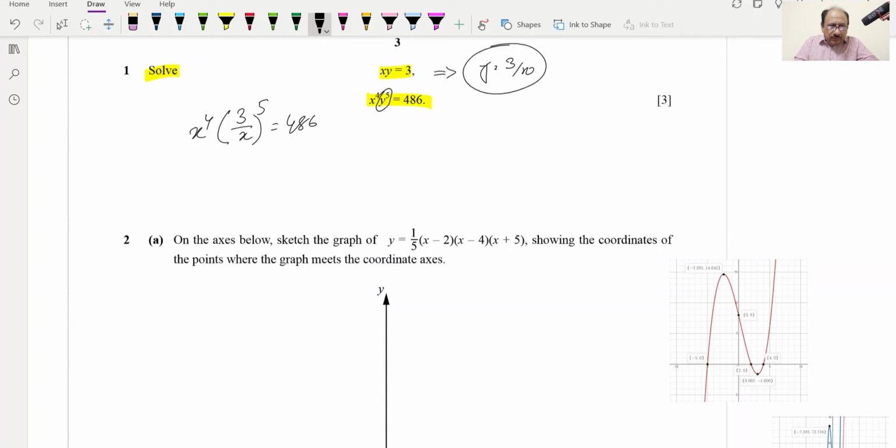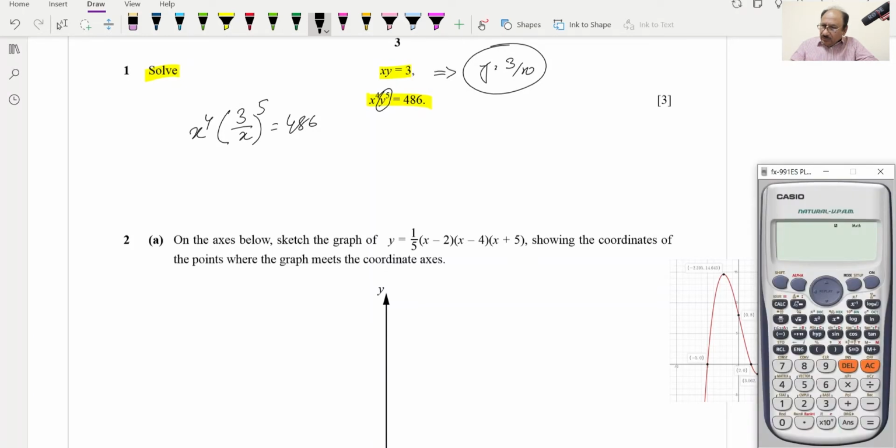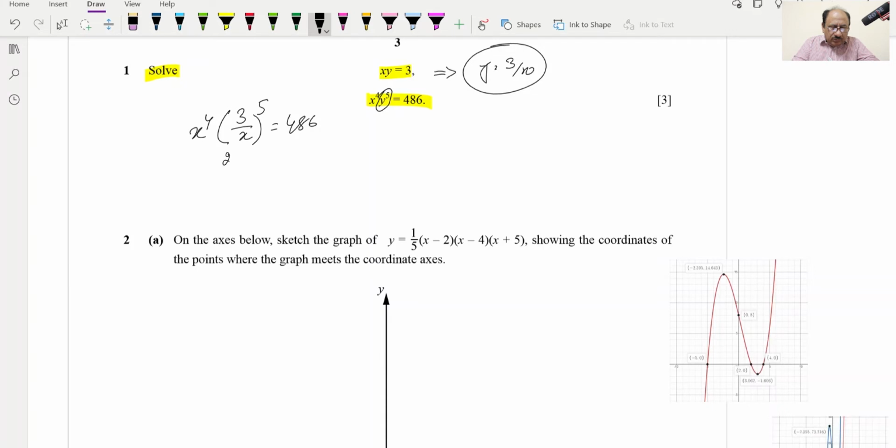Now 3 raised to the power 5 will be equal to 243. So we can write 243 over x raised to the power 5, and x raised to the power 4 is equal to 486, and we can cancel x raised to the power 4 with this power 5, and the remaining equation we will get.